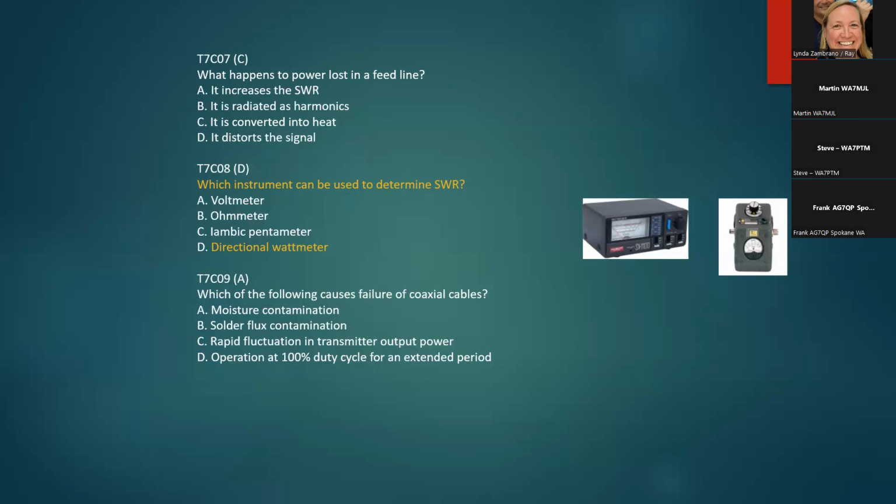But the formal name is a directional watt meter, and that's the one in the answer. And if you've got a base station, I would highly recommend that you get one. Prices are not that bad. They start in the $60 to $70 range and go up, oftentimes way up.